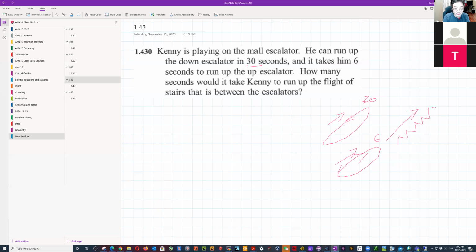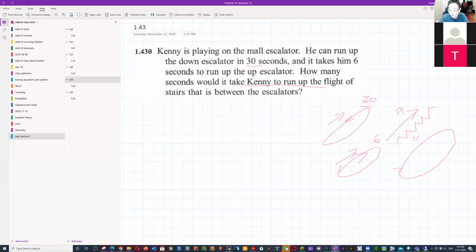Because it's asking how many seconds it would take Kenny to run up the flight of stairs, I will say that because it is 30, this is X. And there's another speed you have to consider: if you stand still on the escalator, how long it's going to take to carry you up the flight automatically.